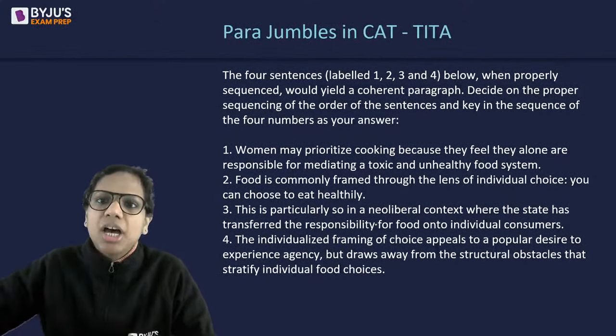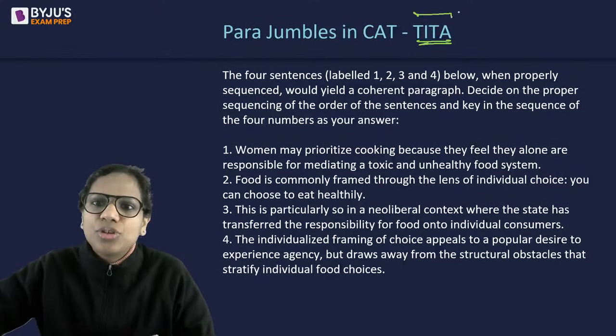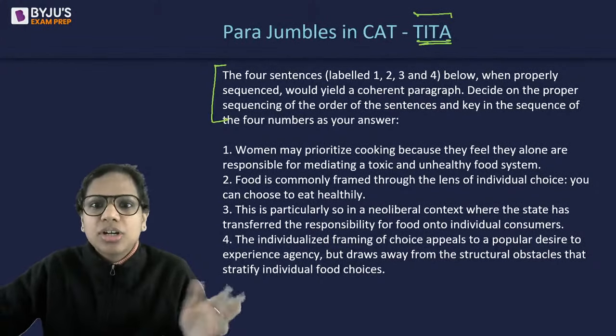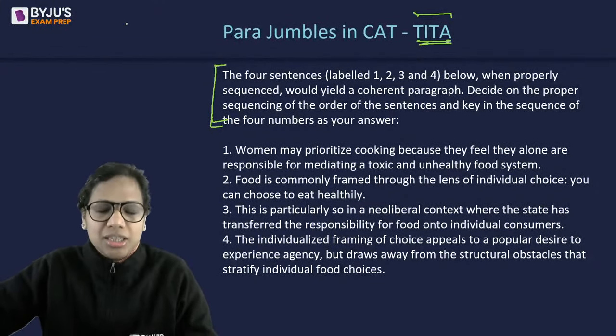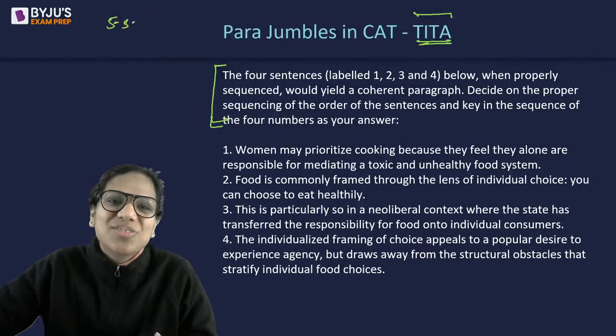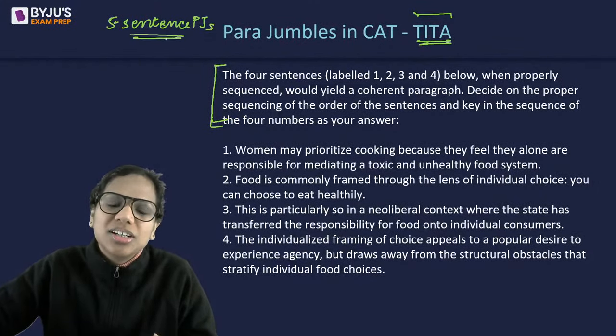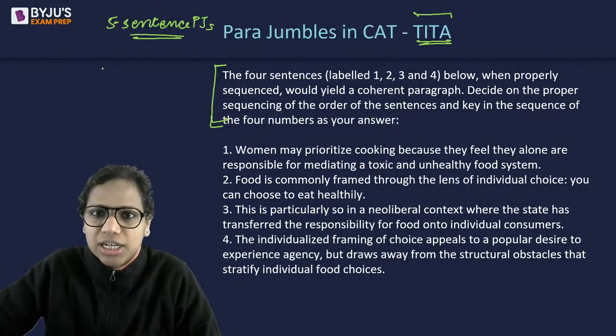Now, when CAT after 2014 stopped giving options with para-jumbles, students thought that things have become more difficult. They actually became more difficult because they asked 5 sentence para-jumbles without any options. So it was a difficult task to arrange them because there were 5 factorial combinations for that.